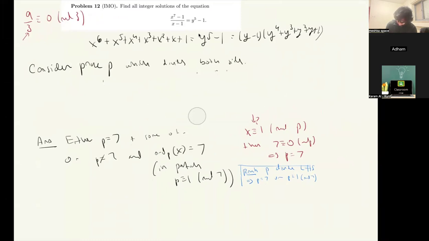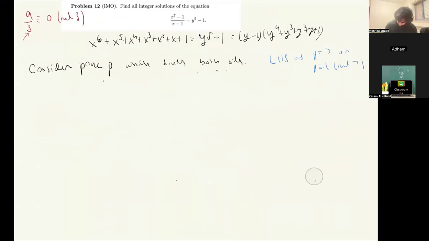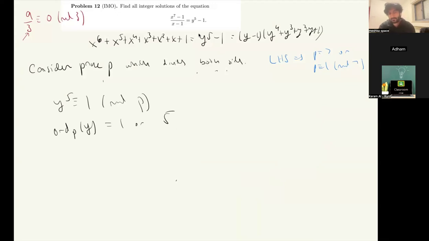From the left-hand side, we get p equals 7 or p is 1 mod 7. Now what does it mean that p divides the right-hand side? Well, this is simpler. It just means y to the 5th is congruent to 1 mod p. So in particular, it just means the order of y is either 1 or 5, and we don't know anything else besides that.